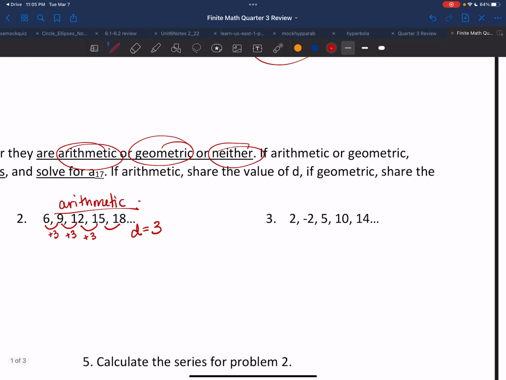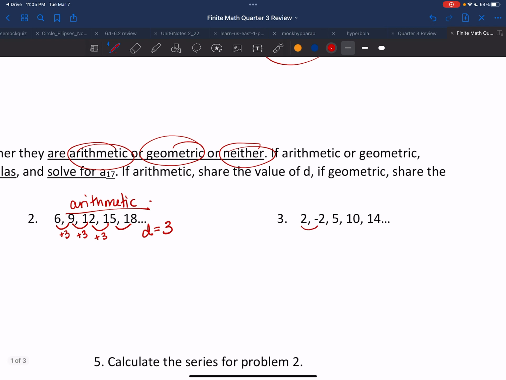All right, let's take a look at this one. Going from 2 to negative 2, that's minus 4. Negative 2 to 5 is plus 7, this is plus 5, this is plus 4. I don't see any kind of rhyme or reason for this. So I'm going to say that this is neither arithmetic or geometric. So it's not going to fall within our normal scope of our equations for that.